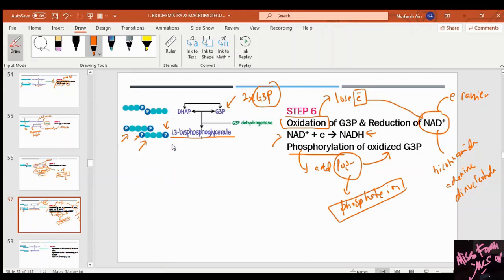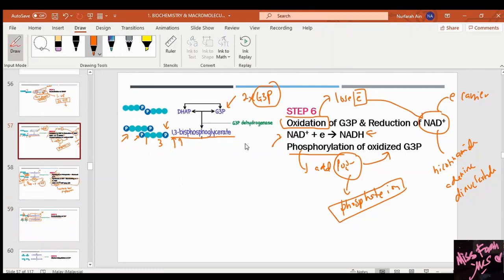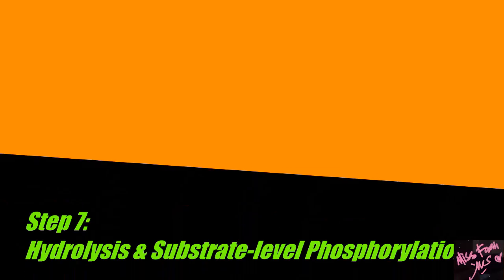This is the reason why we have 1,3, because one phosphate group is attached to the first carbon and the second phosphate group is attached to the third carbon. Similarly with the other molecule of G3P. The enzyme that catalyzes the oxidation and phosphorylation of G3P is called G3P dehydrogenase, glyceraldehyde phosphate dehydrogenase.